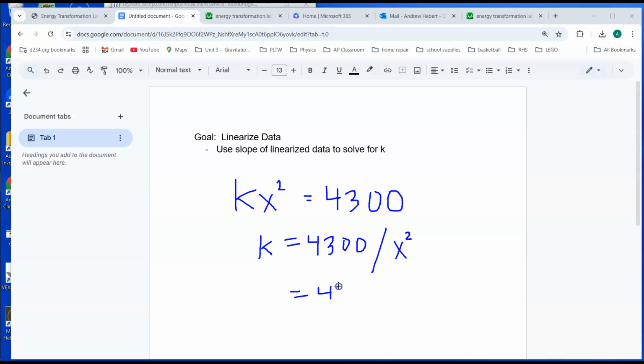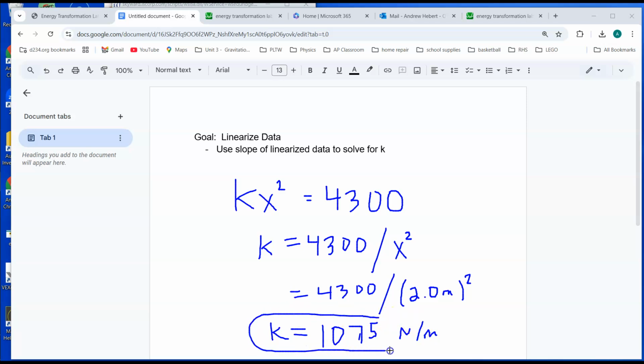So that would be 4,300 divided by 2.0, it was 2.0 to be precise, meters squared, right? And I think I can do that one in my head. 1,075. So I get a k value of 1,075 newtons per meter, and that is very close to the k value that we were actually using, which was 1,100.